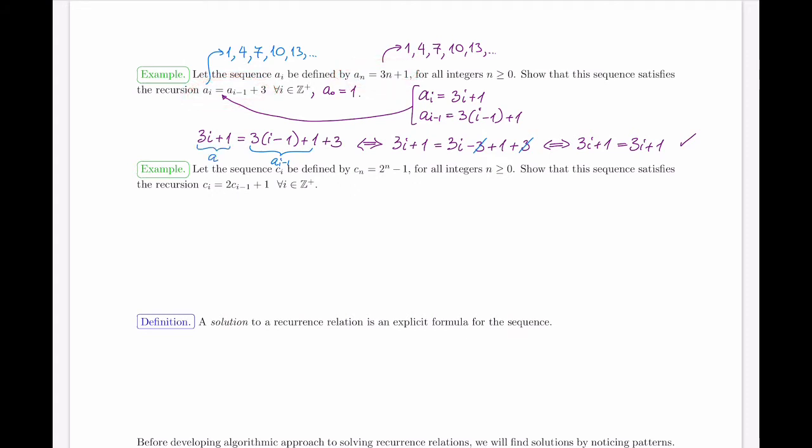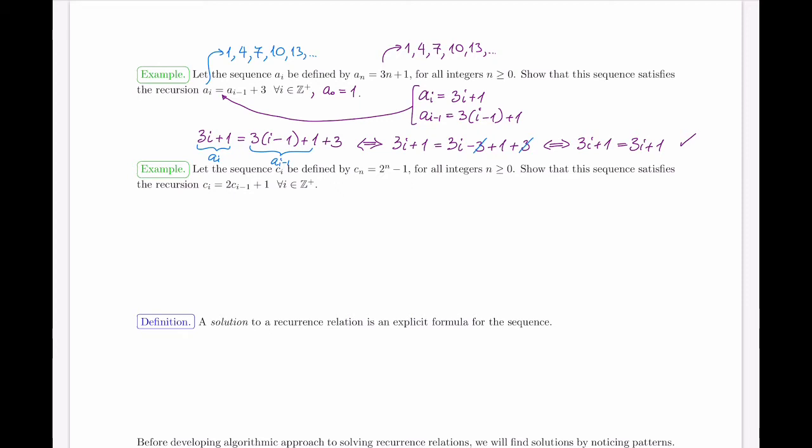Now let's try to do the exact same thing, but with a different formula. I have the formula for the explicit definition of the sequence, meaning I can just choose a number and calculate that term directly. And I have a recursive definition of the exact same sequence.